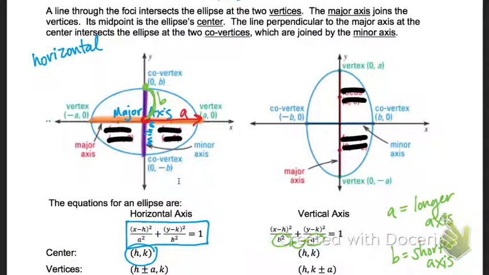If you have a vertical ellipse, then your bigger number is going to go under the y. If you have a horizontal ellipse, then the bigger number is going to go under the x. So the bigger number goes under whichever variable matches the kind of ellipse it is. That's why I circled the x on the horizontal and the y on the vertical.